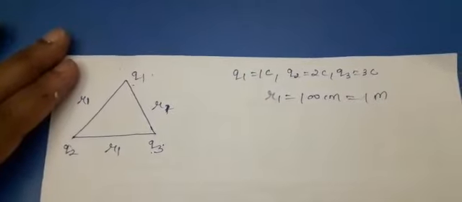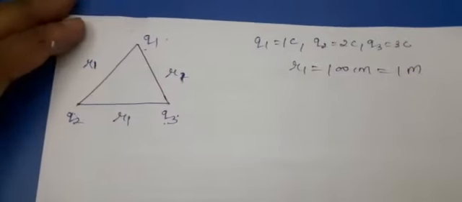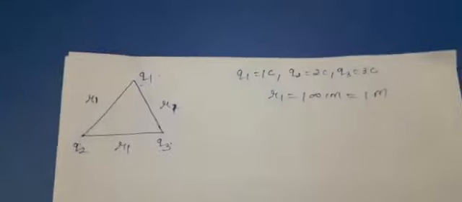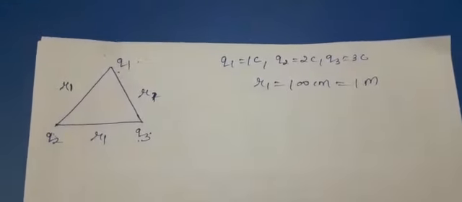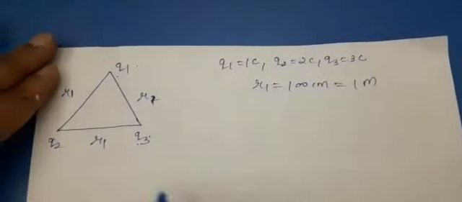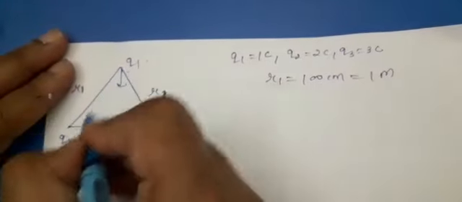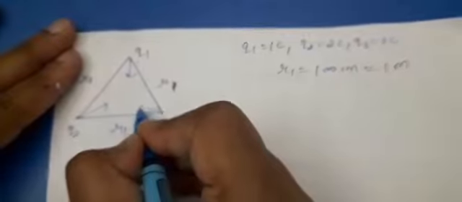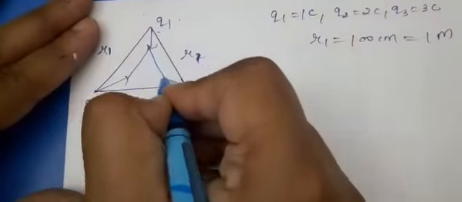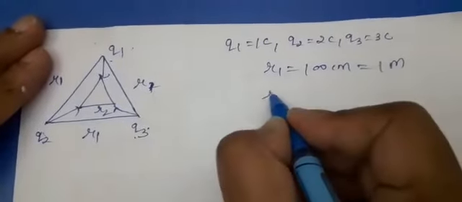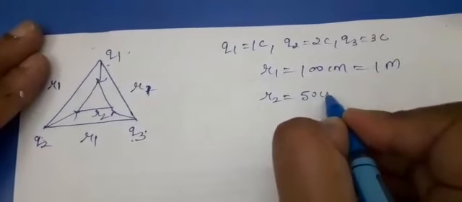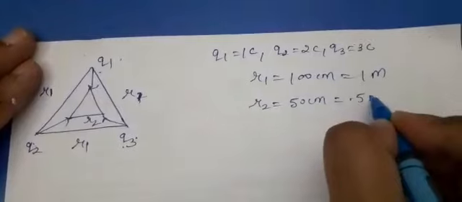First of all, you have to find what is asked in the statement: find the work done to move these charges to the corners of a similar equilateral triangle. Obviously, the charges are moved to the corners of another triangle whose side R2 is given as 50 centimeter, that is 0.5 meter.